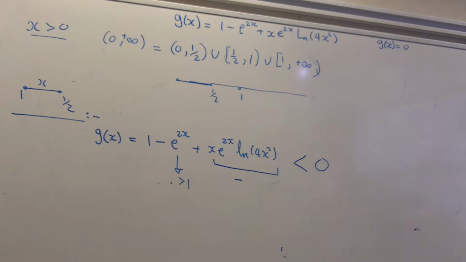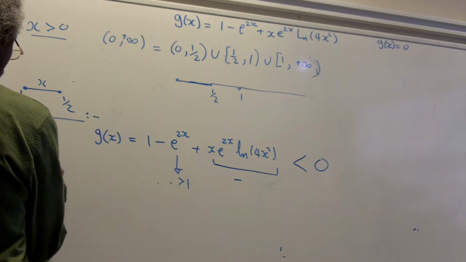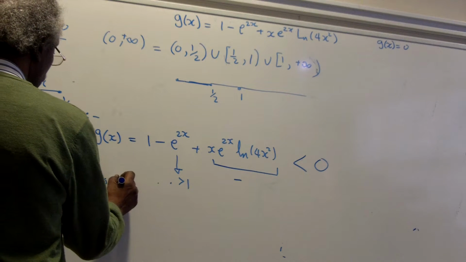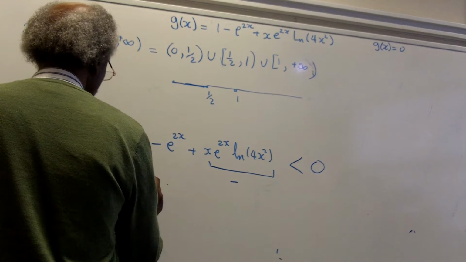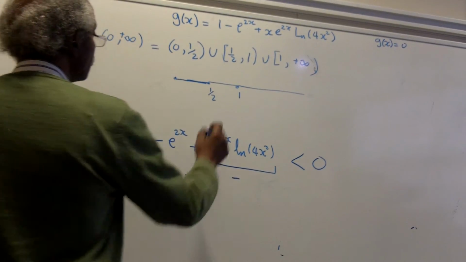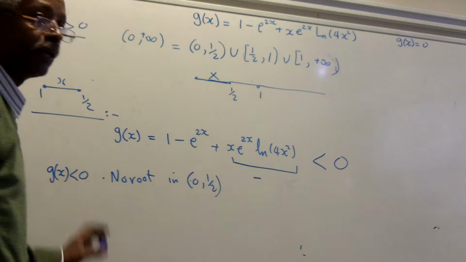If it is less than 0, it is not going to equal 0, and therefore there is no root there. g(x) less than 0, and hence no root there.